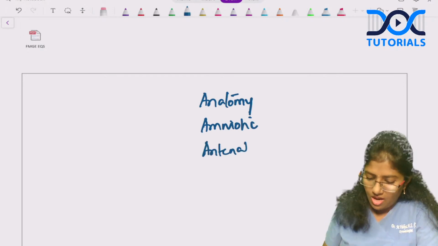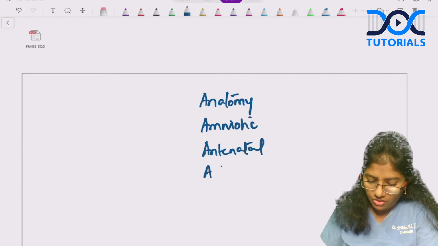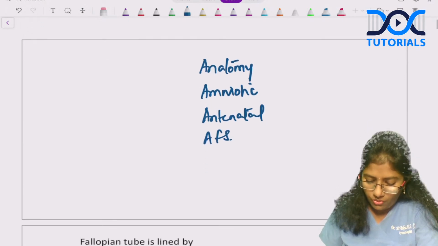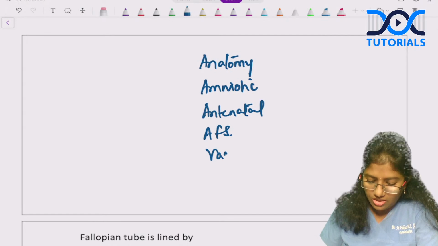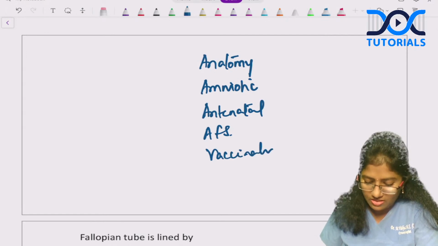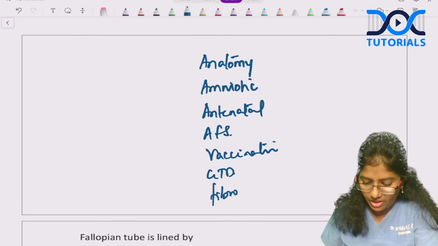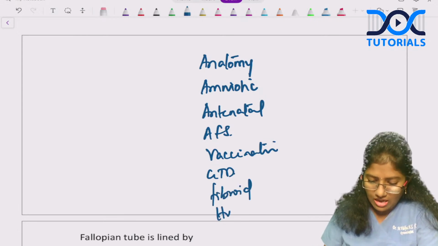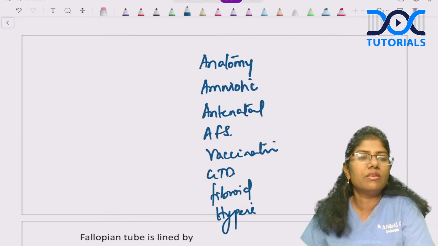We also have a few important questions from vaccination in pregnancy, gestational trophoblastic diseases, fibroid and hypertension complicating pregnancy. So these are the topics of interest for today.